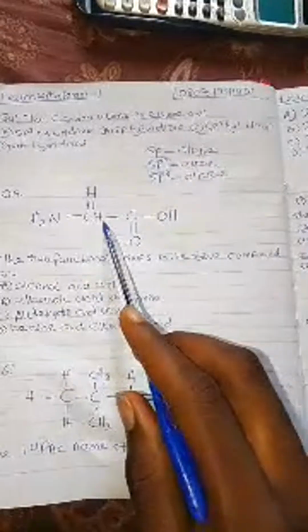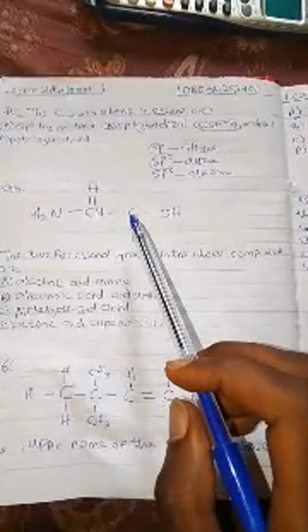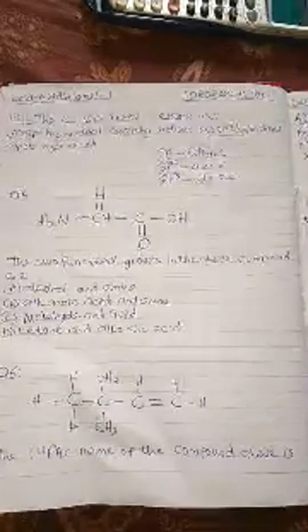Question 5. The two functional groups in the above compound are, if you can identify the two functional groups in this compound, just drop the answer in the comment section. The two functional groups in the above compound are A alcohol and amine, B carboxylic acid and amine, C aldehyde and acid, D ketone and carboxylic acid.